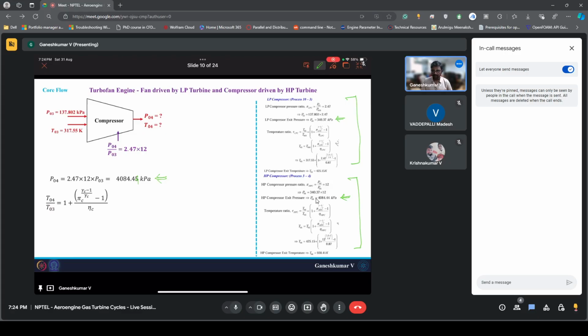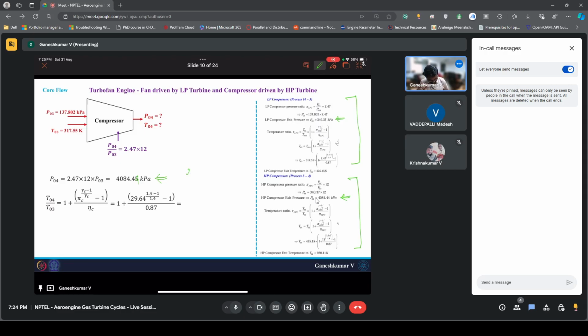Now you have the temperature again. We know where the relation is coming from. It's from the isentropic efficiency relation. You can derive this; we have seen this multiple times, so I'm just stating the formula here. Now you can substitute this pi c here. Pi c would be 29.64, which is nothing but 2.47 times 12.